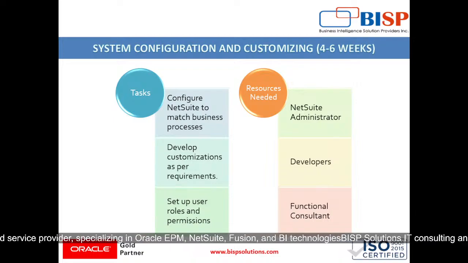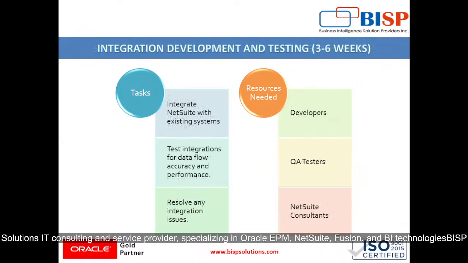Then system configuration and customization, which will take around 4 to 6 weeks, where the task is to configure NetSuite to match business processes, developing customizations as per requirements and setting up user roles and permissions. So what resources are needed? It requires NetSuite administrator, developers and functional consultant.